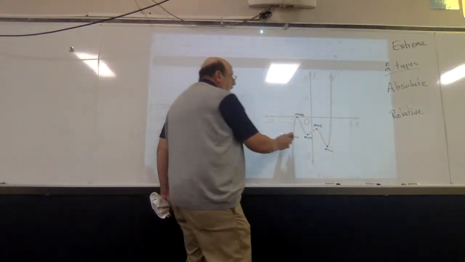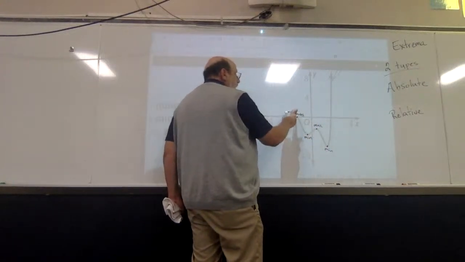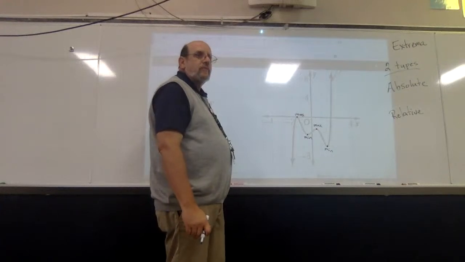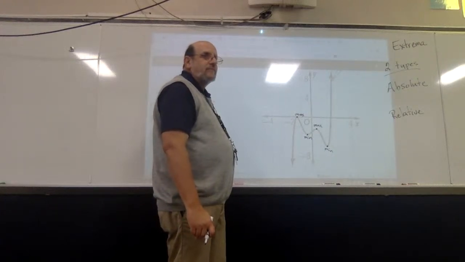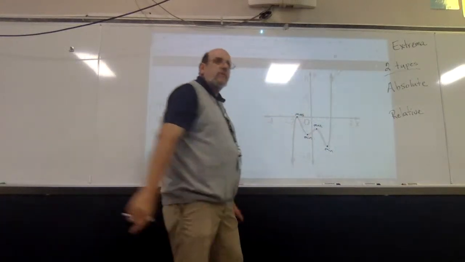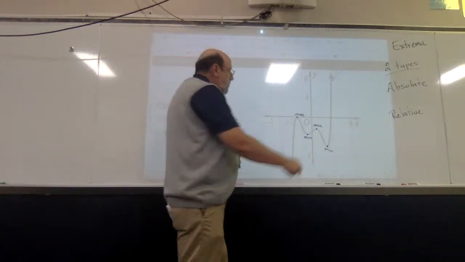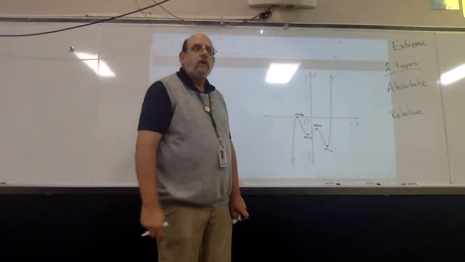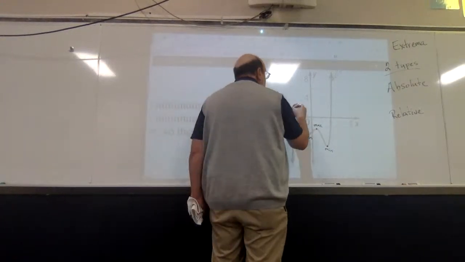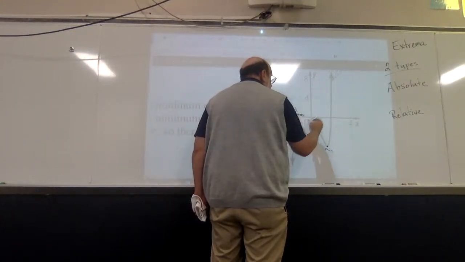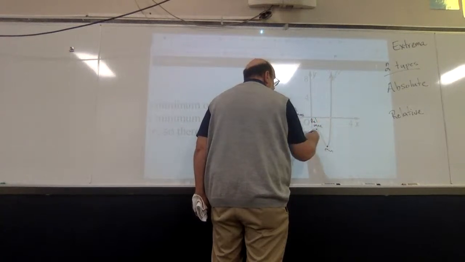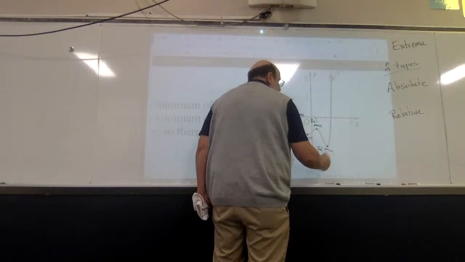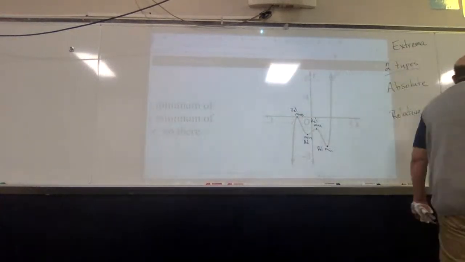Now, does any part of this graph go past this max? Yes, you're right. Because this goes up infinitely, right? Does any part of this graph go past that minimum? Yeah. So all of these are relative maxes or mins.